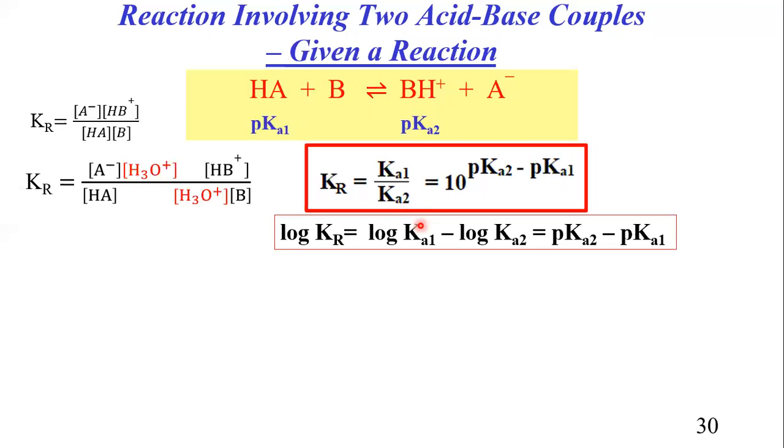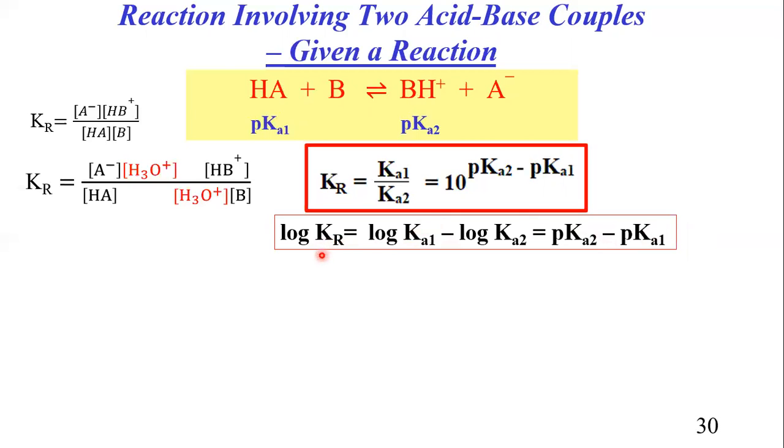Let me just go through it, because sometimes we can easily get an expression with a pKa. It also really helps. Take the log of both sides of this expression. So this will be log Kr equals log Ka1 minus log Ka2. What is the minus log Ka2? That is pKa2. And log Ka1 is actually minus pKa1.